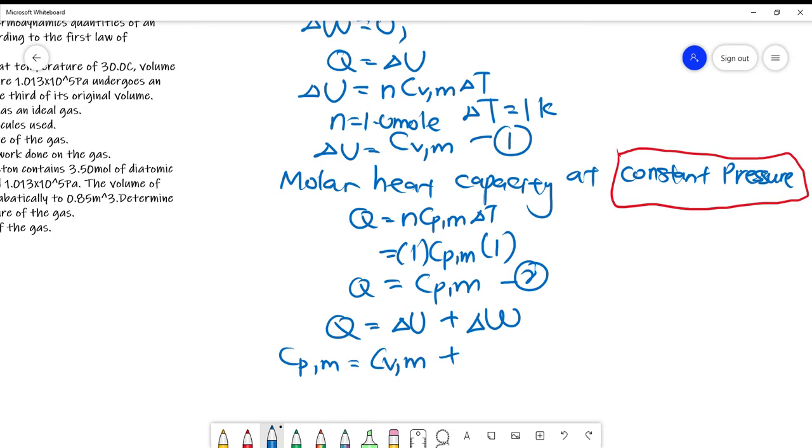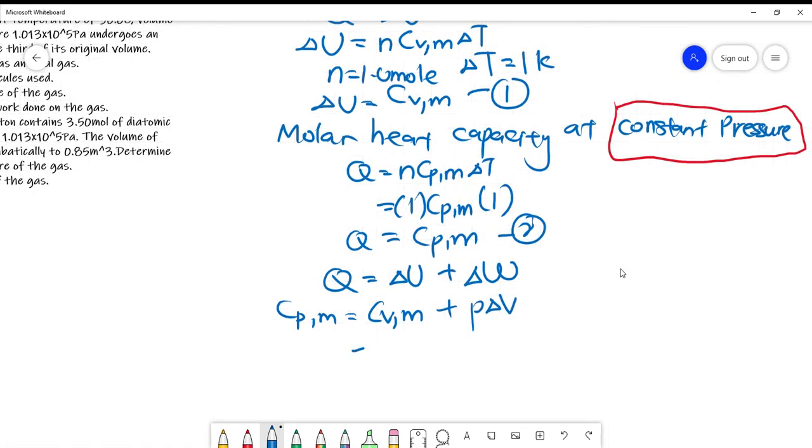So this will be our P delta V. P is constant and the one that changes is actually the volume. Okay, so let's just continue. So PV is equal to nR delta T. The temperature still changes, and the mole will be 1 and the temperature change also will be 1.